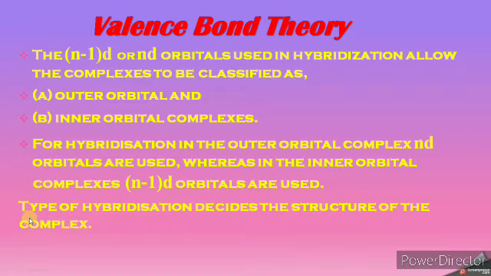If 3d orbital is involved, then the complex is called inner orbital complex. So the orbital is (n-1)d because these elements are fourth period elements. And if 4d orbital is involved, then it is called outer orbital complex. So I think you have understood why the words outer orbital and inner orbital complex are used.